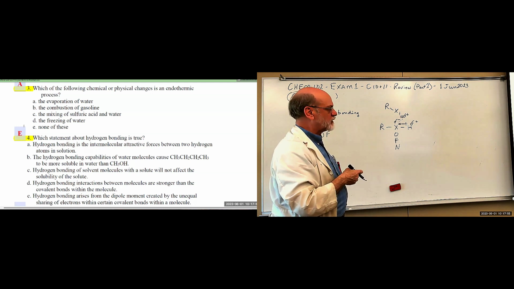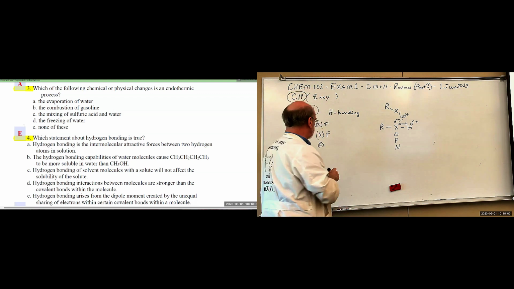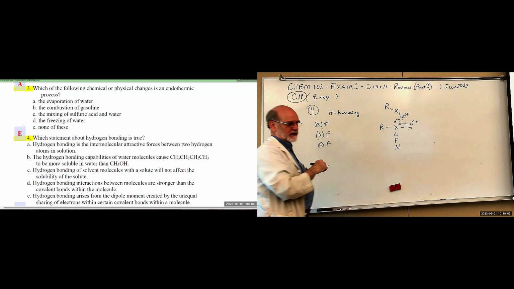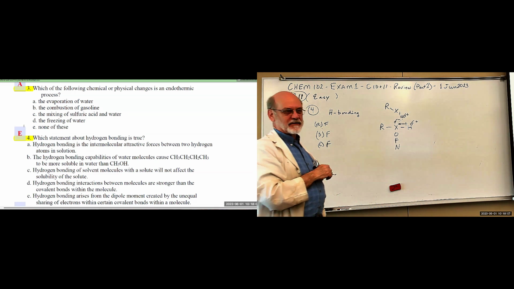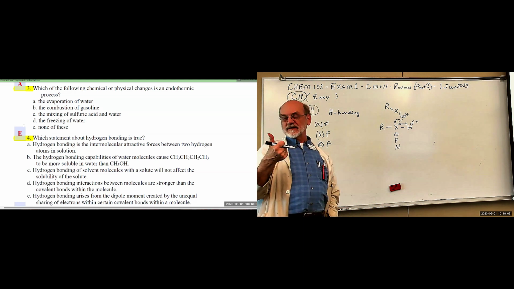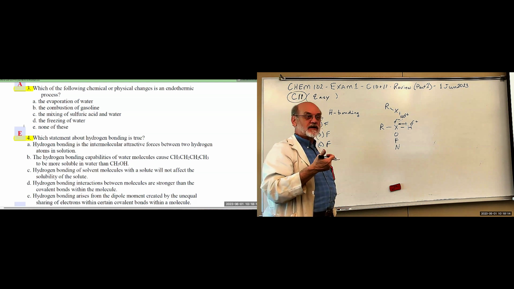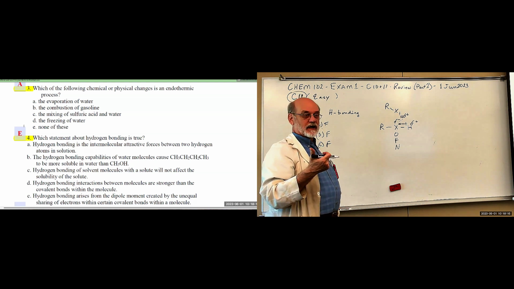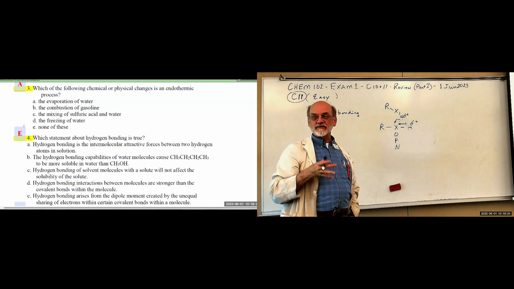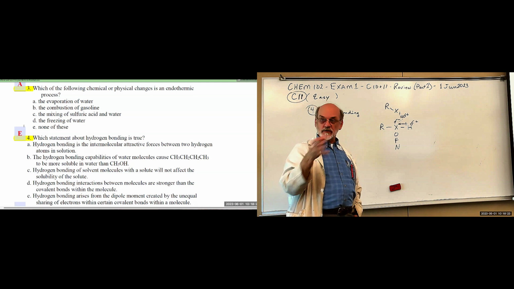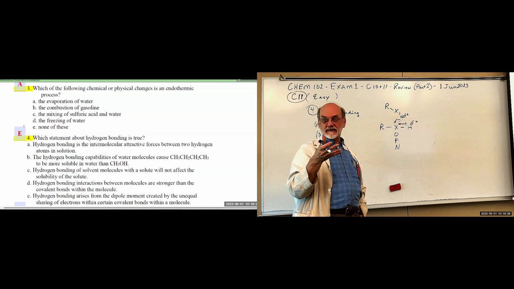C: Hydrogen bonding of solvent molecules with a solute will not affect the solubility of the solute. That's just wrong. The rule of thumb is like dissolves like, and hydrogen bonding is one of those possibilities. Polar molecules, especially those that have available hydrogen bonding, are going to be more likely to form intermolecular bonds, solute to solvent, if they both have that ability.